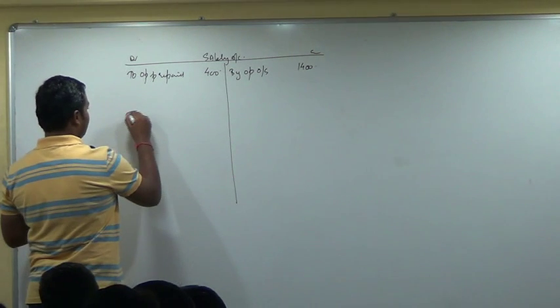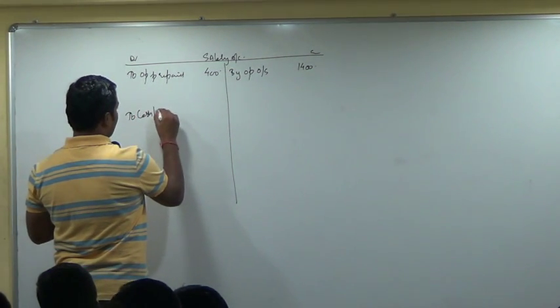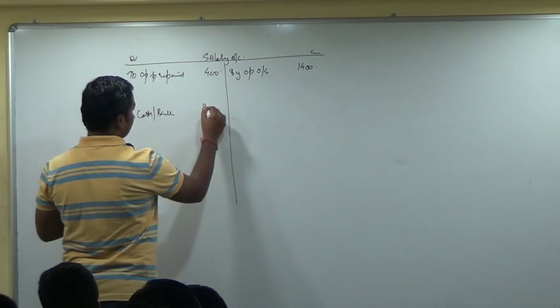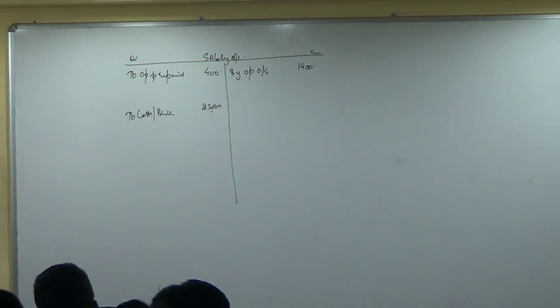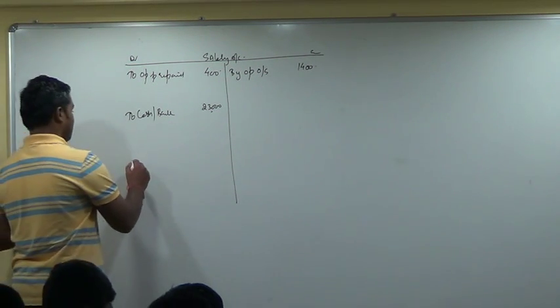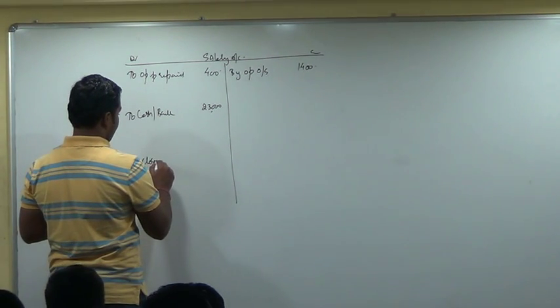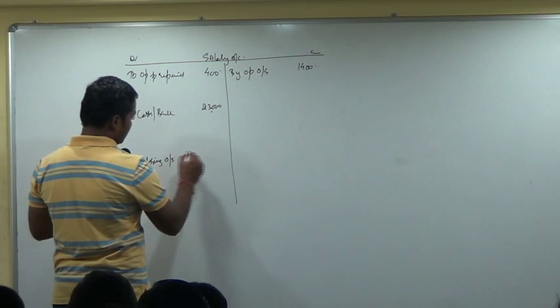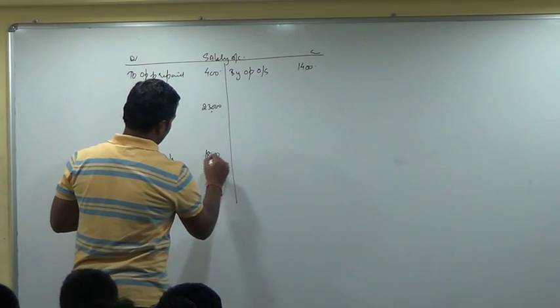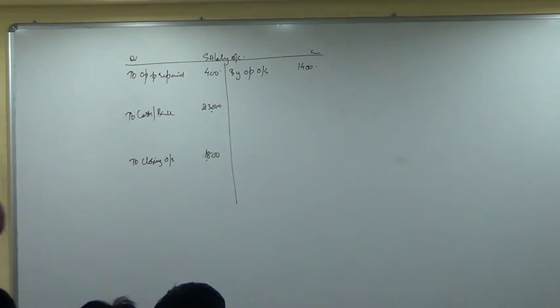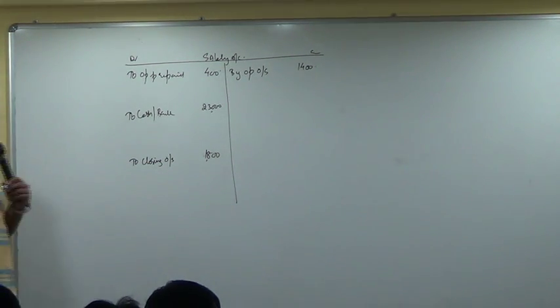Paid during the year through cash or bank, how much? 23,000. Closing outstanding 1800. And closing prepaid 600.